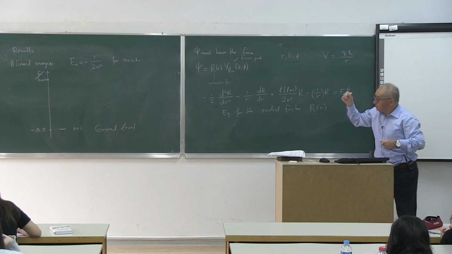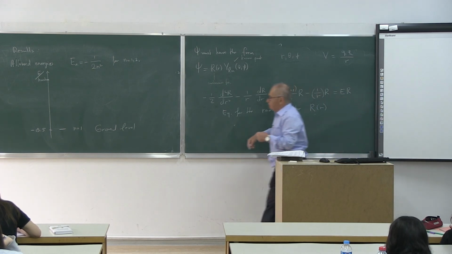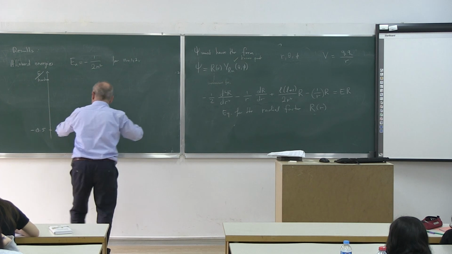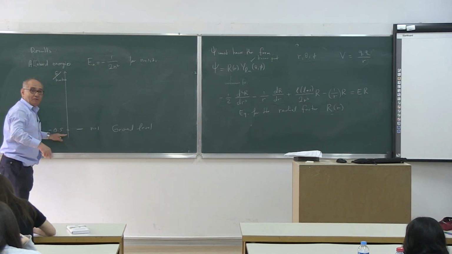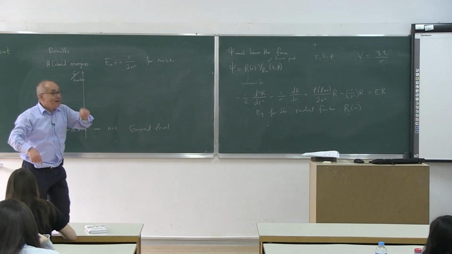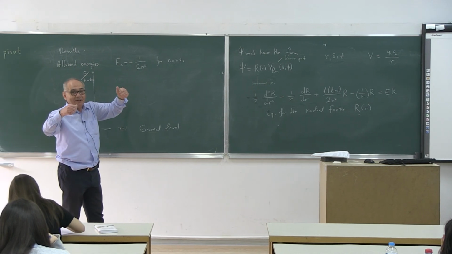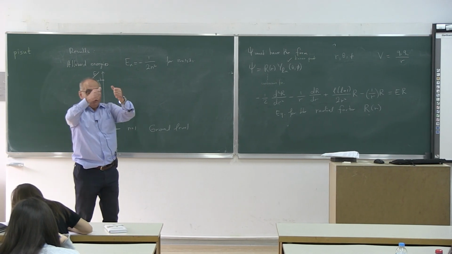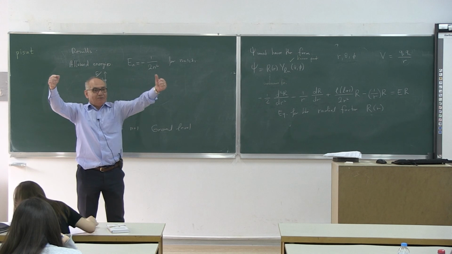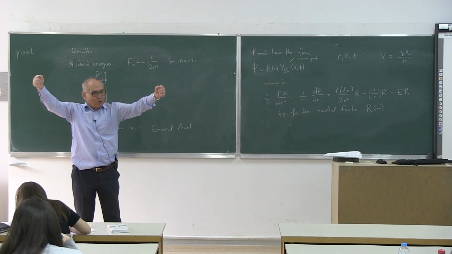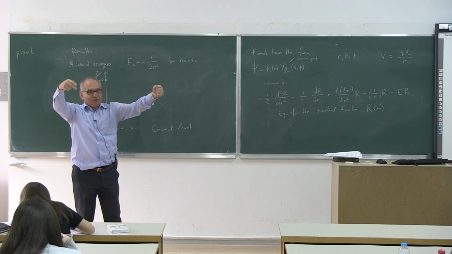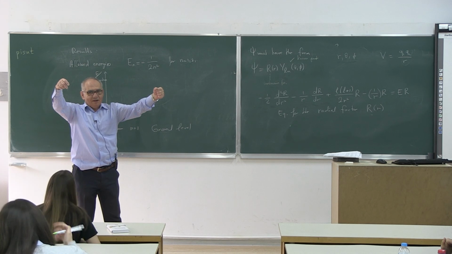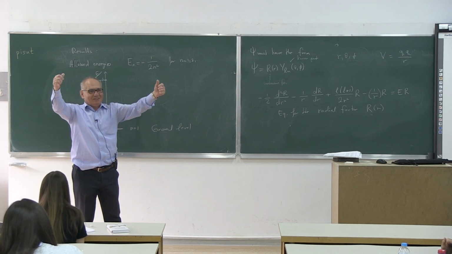So this energy here, minus 0.5 Hartree, is relative to that case. In other words, if the electron is infinitely far away from the nucleus, what do we call it chemically? Ionized state.